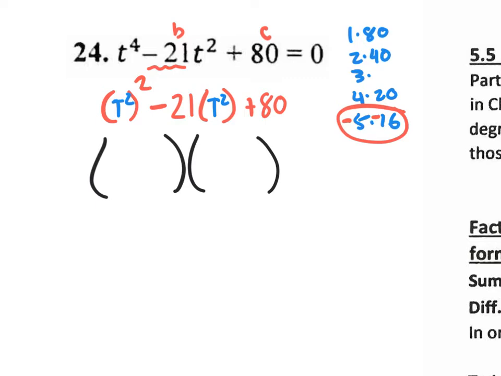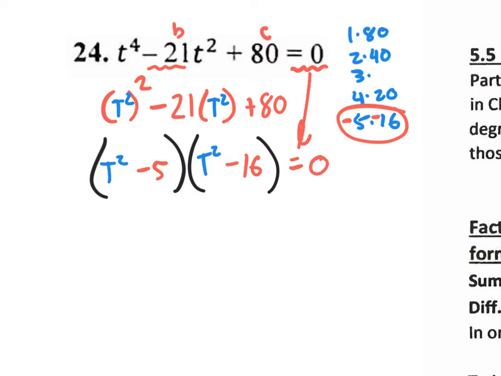So let's not substitute. Let's just plug in the value that's instead of the x, which happens to be t squared. Everybody with me? All right, so let's plug in our values of minus 5 and minus 16. And now it's factored. It is equal to 0. So the original equation is equal to 0. It's still equal to 0, but now it's in factored form.